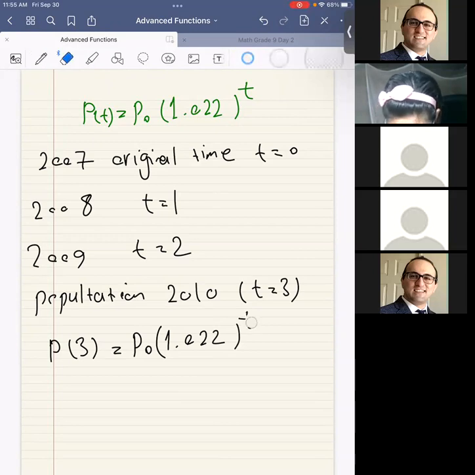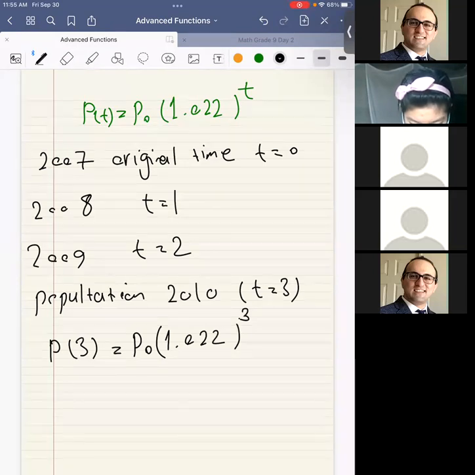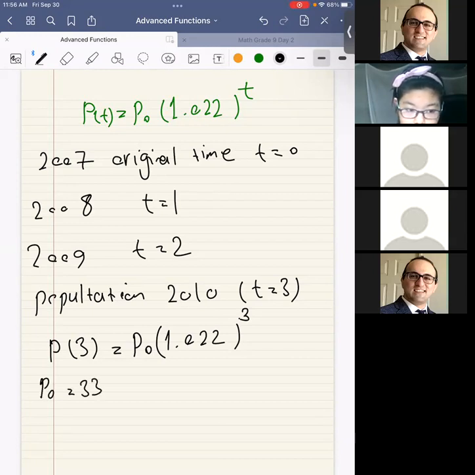To the power 3. Makes sense. So tell me, what is the population at 2010, if the original population was 33 million, so P0 is 33 million?